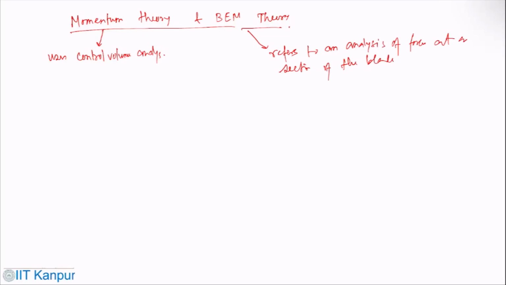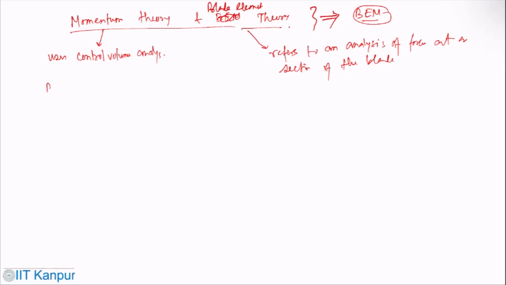Now, these two approaches can be combined, which is known as blade element momentum theory, BEM theory, which we have also seen. It is used to determine blade shape and rotor performance, and it uses wake rotation.